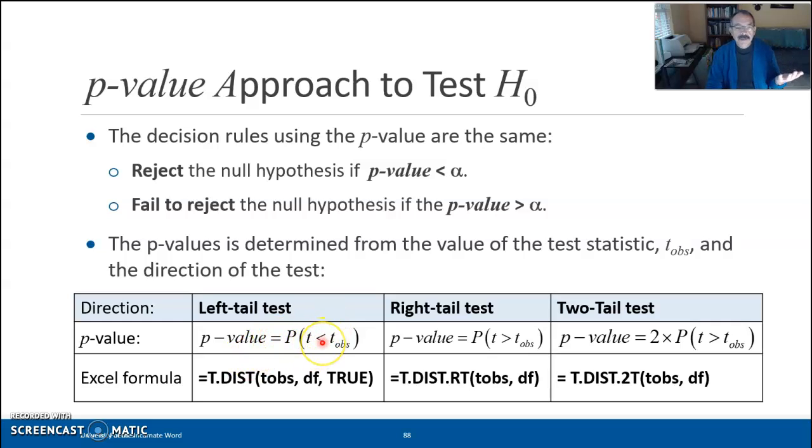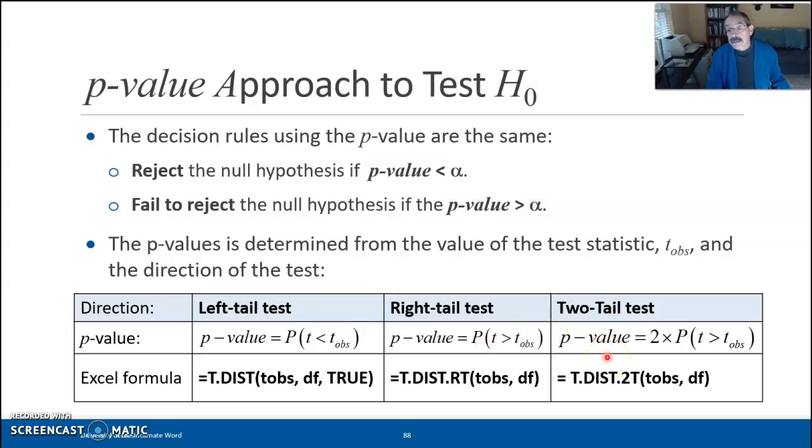If you have a left-tailed test, the p-value is the probability of t less than the observed value of the statistic. And if you have a right-tailed test, the p-value is the upper probability with respect to the t observed, the calculated value of the test statistic.